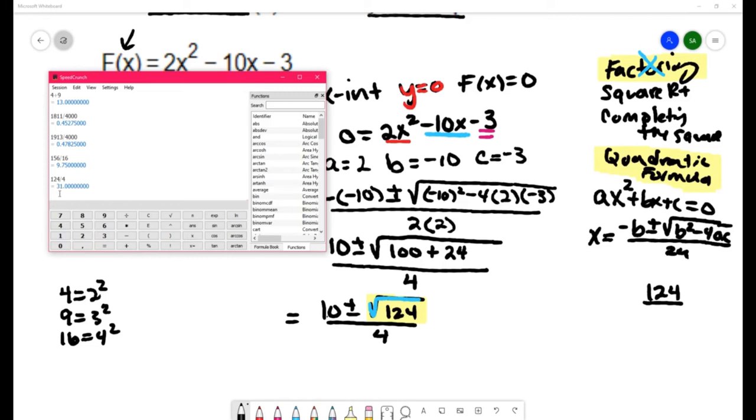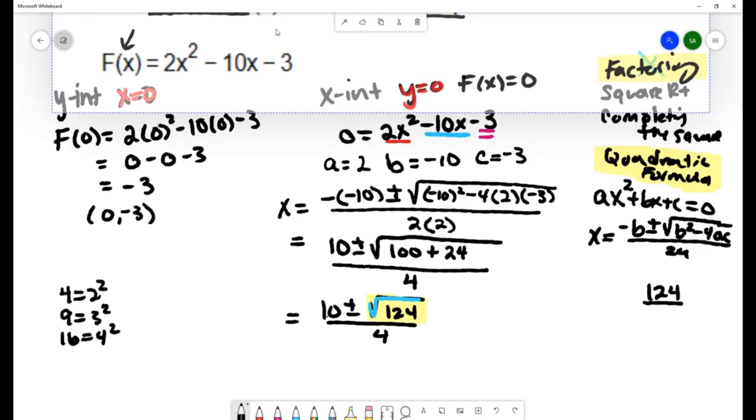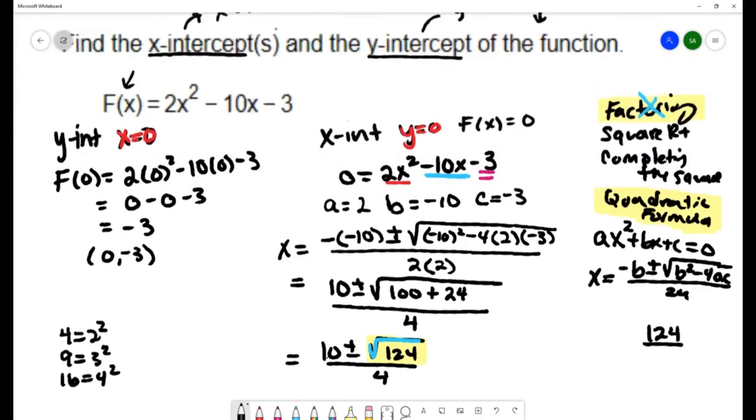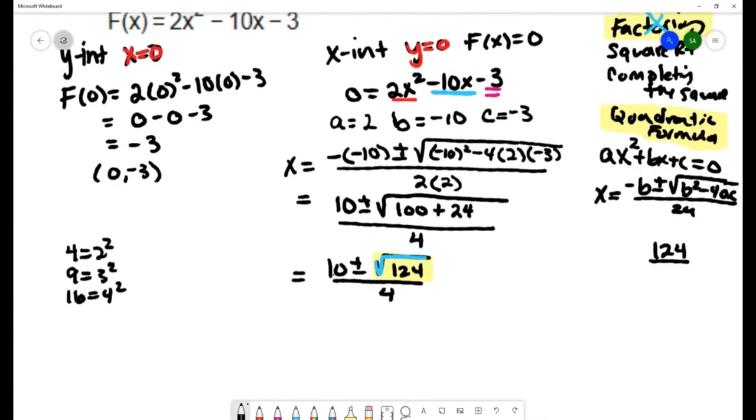And 31 is prime, so it can't be factored anymore. So I'm going to use 4 times 31 as a factor of 124. So let's rewrite that 124 as 4 times 31.